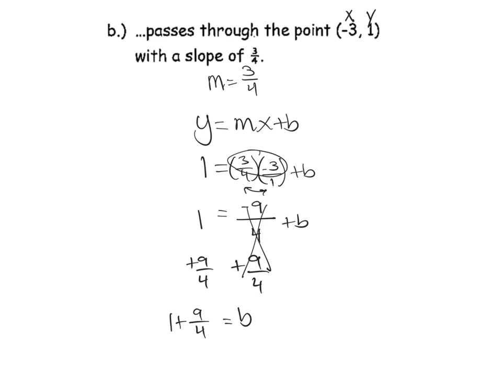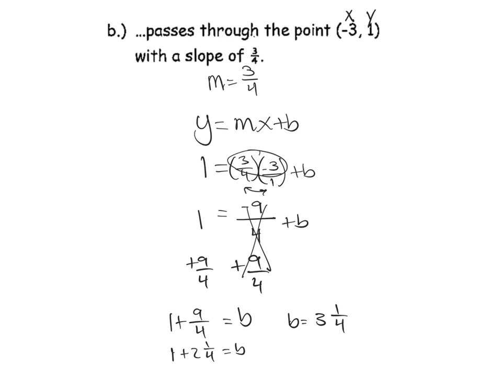How can I write 9 over 4 as a mixed number? 2 and 1/4. So what's 1 plus 2 and 1/4? 3 and 1/4. So b equals 3 and 1/4.